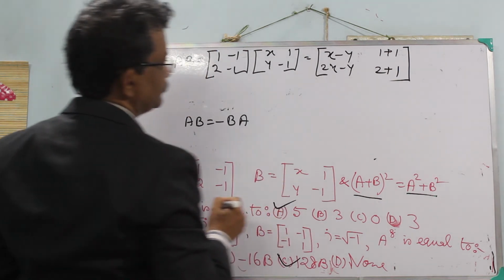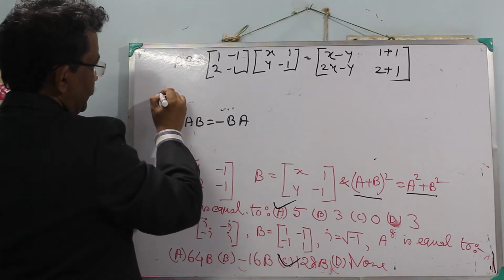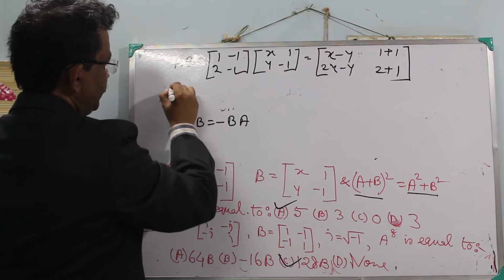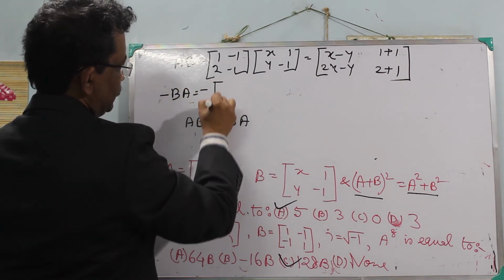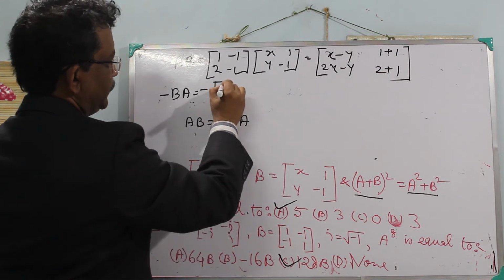This is AB, and minus BA equal to minus of BA.